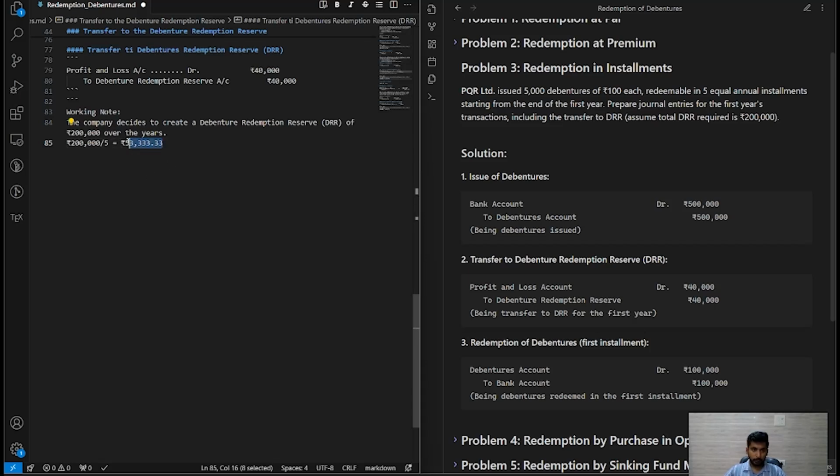That means every year the amount transferred to the DRR will be rupees 40,000.